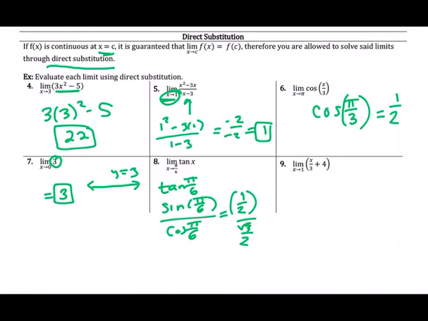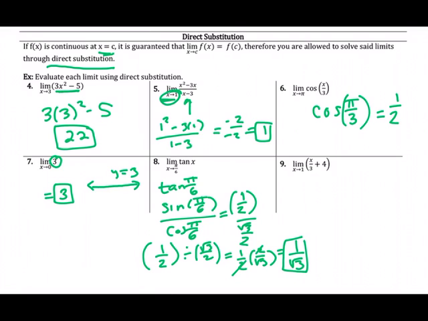And I'm actually going to rewrite this using what I like to refer to as old school division, because it helps you remember that to do this, you can just flip and multiply. So this is the same as saying 1/2 times 2 over root 3. So those 2s are going to divide out. That's going to give us 1 over root 3. And remember, you do not need to rationalize your denominator. You can leave it just like that.